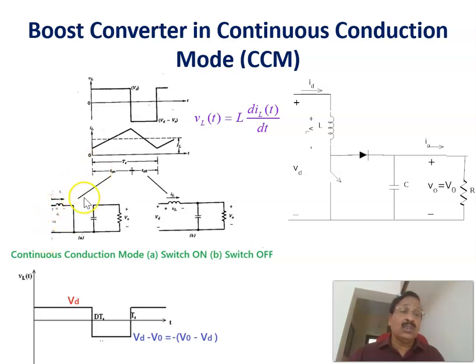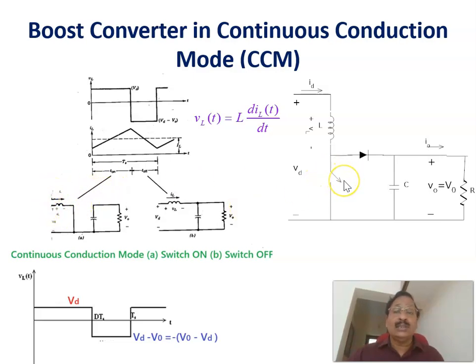Therefore, the voltage across the inductor is the same as VD. Since L dIL/dt equals the voltage across the inductor, VD, or dIL/dt equals VD/L, and VD is positive during that period, the current through the inductor is building up with a positive slope. During that period, the energy will be stored in the inductor.